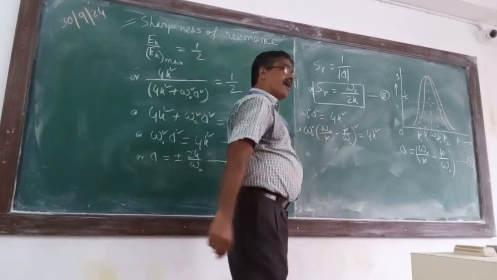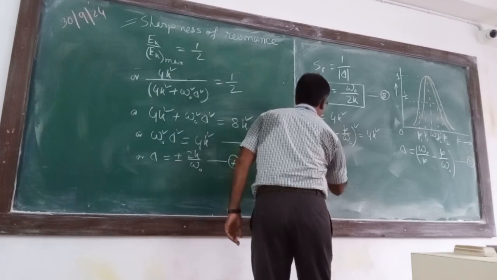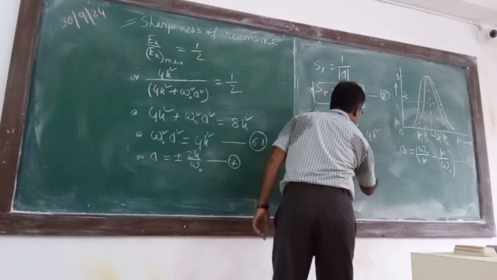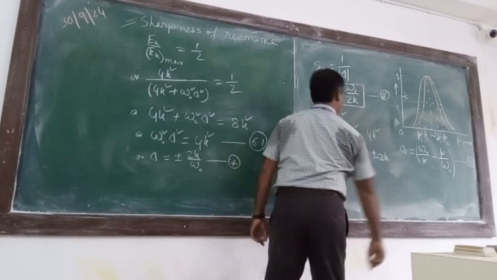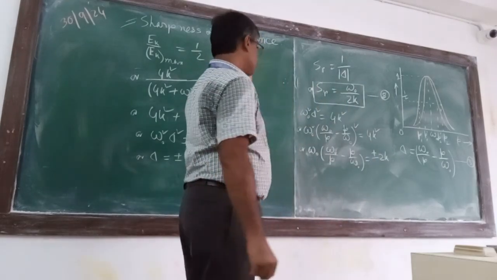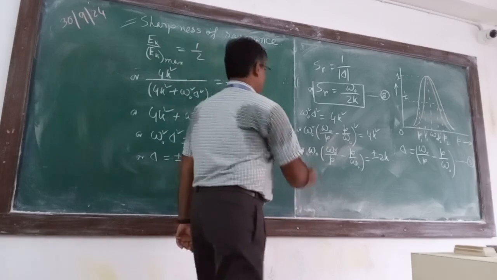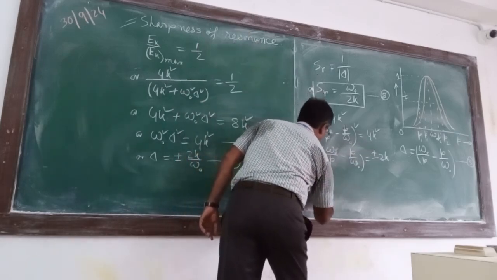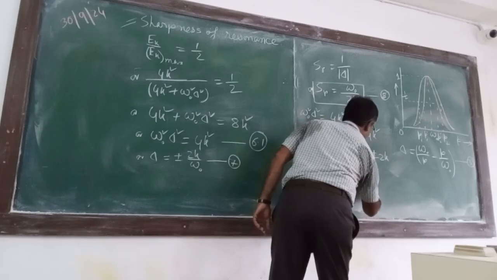Now take the root over, or omega naught into (omega naught by p minus p by omega naught) equals to plus minus 2k. Multiply by omega naught, or omega naught square by p minus p equals to plus minus 2k.